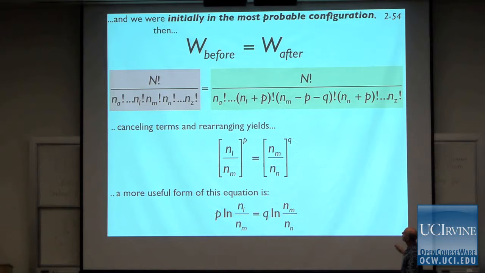Lots of cancellations occur here, and when you're done, this equality holds. But a more useful version of this is if you take the natural logarithm of both sides, you get P times log of NL over NM equals Q times log NM over NN. Doesn't look super useful.